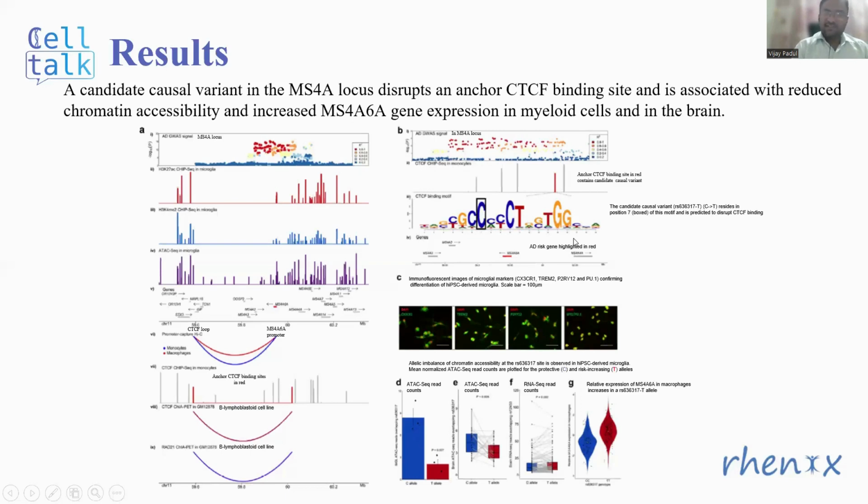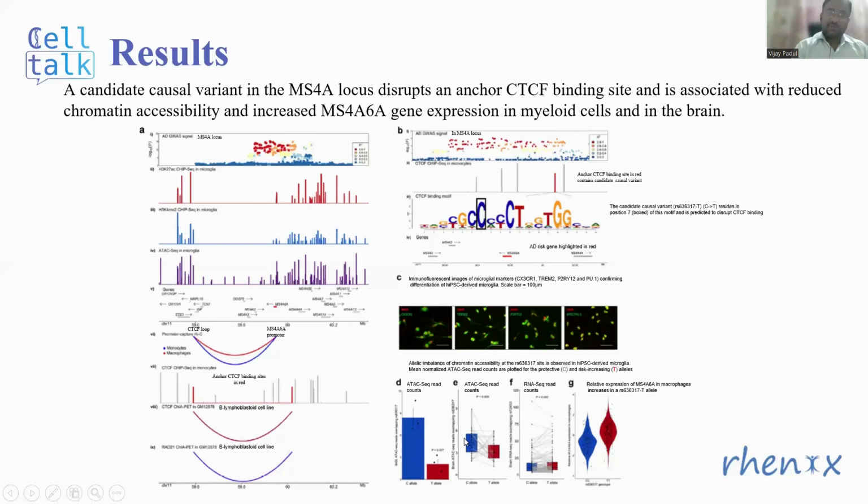So as you can see, the C is depicted in blue, the normal allele, and the T allele, that is the variant associated with the Alzheimer's disease loci. So here, ATAC-seq read counts, these are more in case of C alleles and less in case of T alleles. Here also we can see that ATAC-seq reads are more in case of C alleles as compared to T alleles.